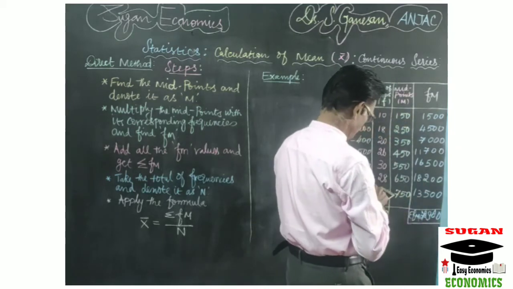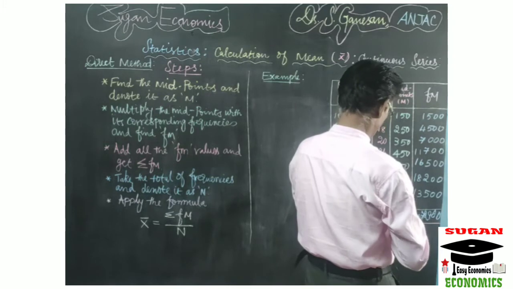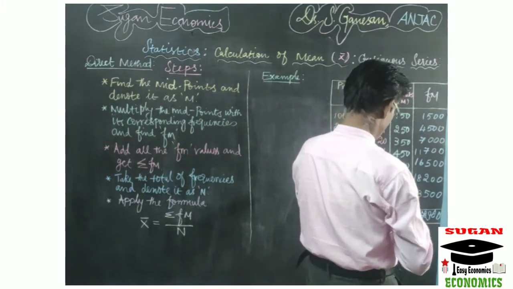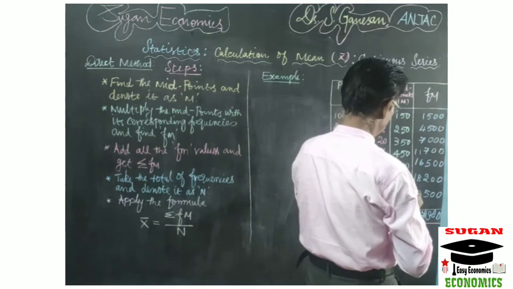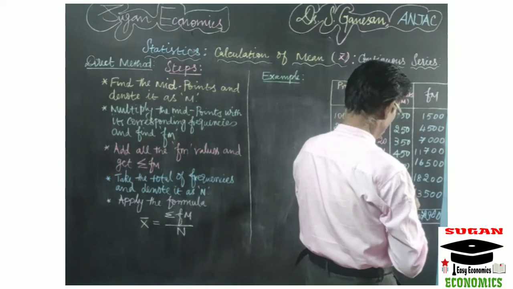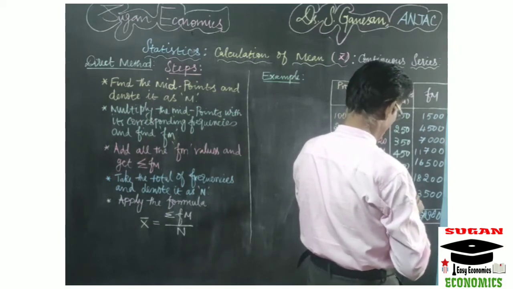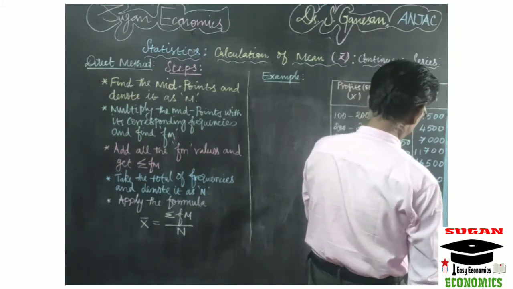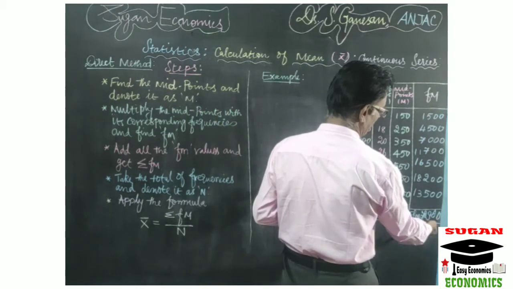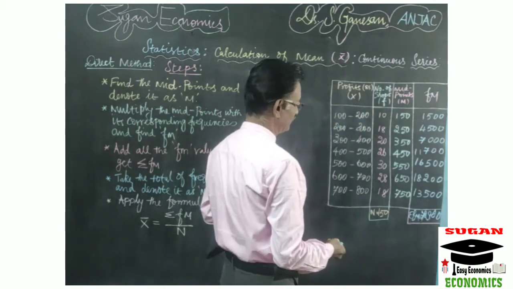We can check it. So 1500 plus 4500 plus 7000 plus 11,700 plus 16,500 plus 18,200 plus 13,500 is equal to 72,900. So our sigma fm total is equal to 72,900 and the frequency, that is N, equal to 150.